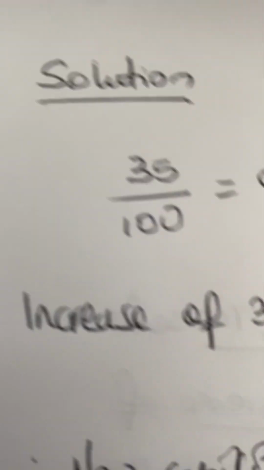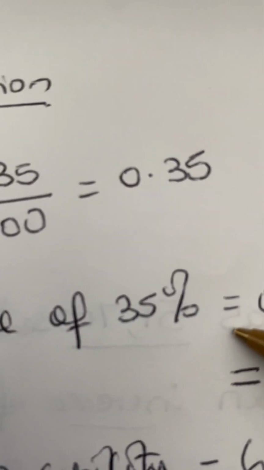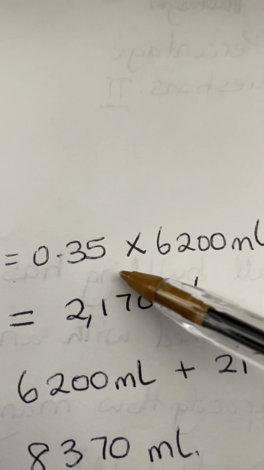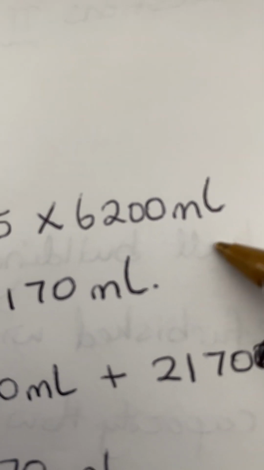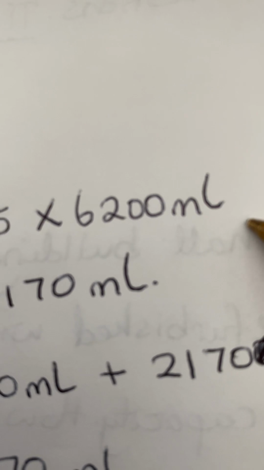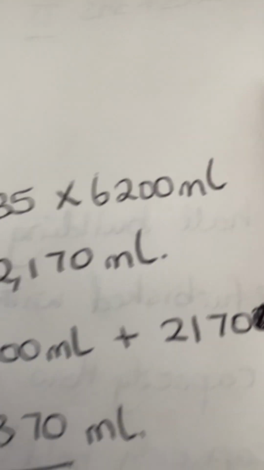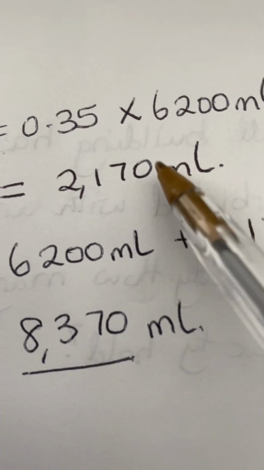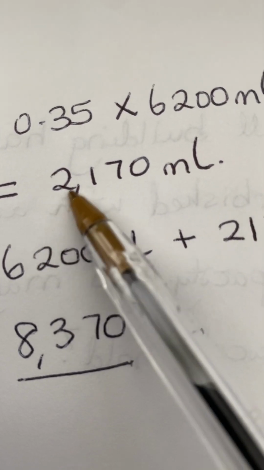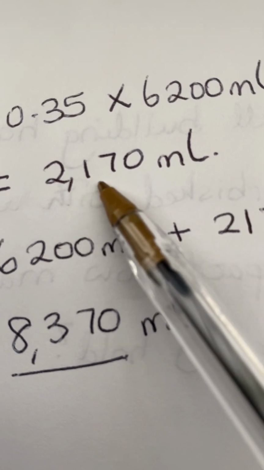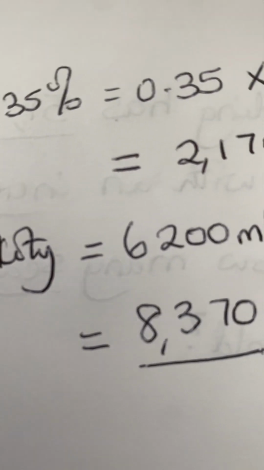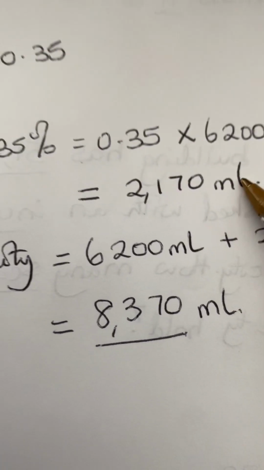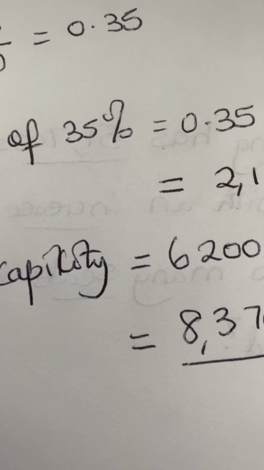So straight away, increase of 35% will be 0.35 times 6,200 milliliters. That is the original size. When you do this on the calculator, the answer you get is 2,170 milliliters. Now, this is the increased capacity of 35%.